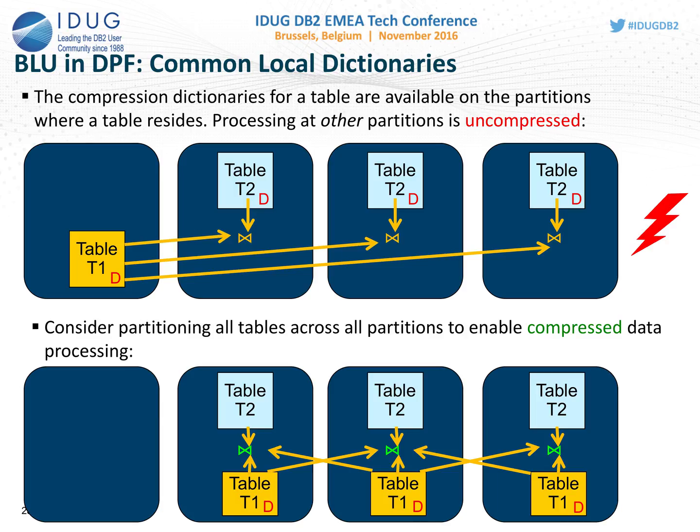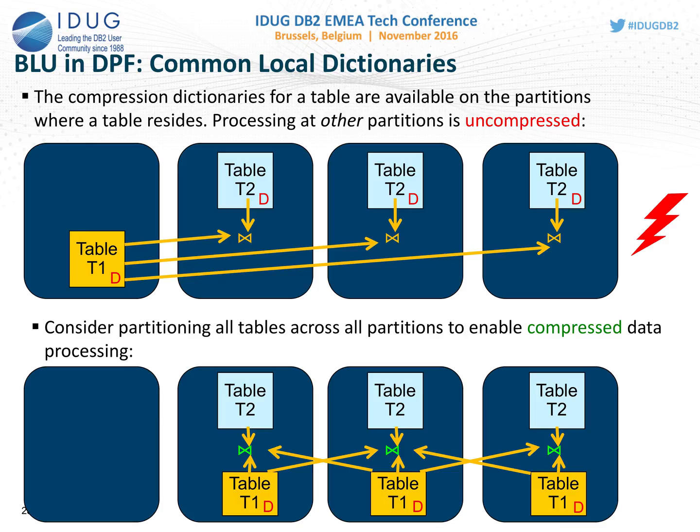It may not be a co-located join, but still now the compression dictionary of T1 is available on each of the partitions. That means the join between T1 and T2 can be done on the compressed BLU format, a much more efficient way to perform that join. And we've seen examples where this can make a really, really significant difference for the performance.